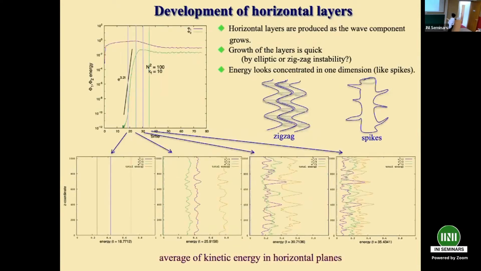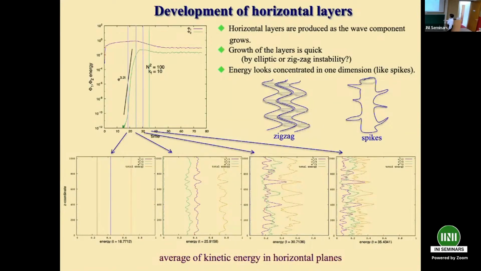So here's the development of horizontal layers. Again, using the growth of energy as a guideline, we plotted the kinetic energy in each direction and the total energy.